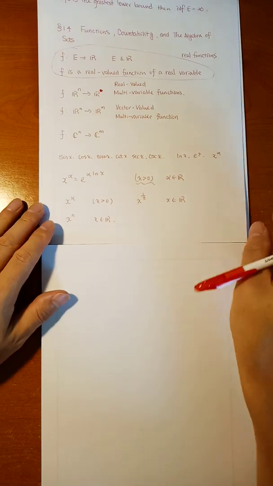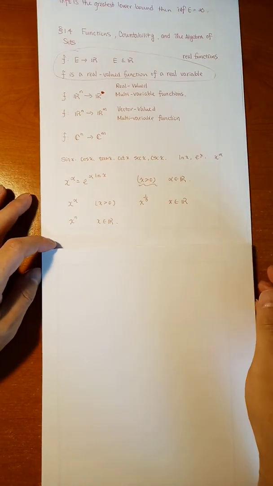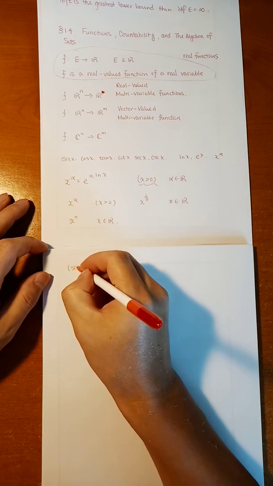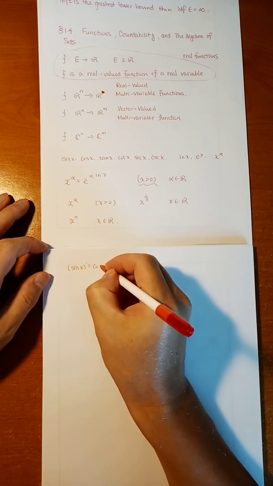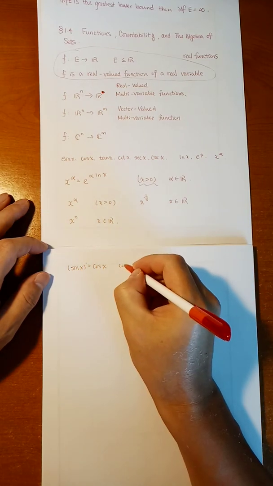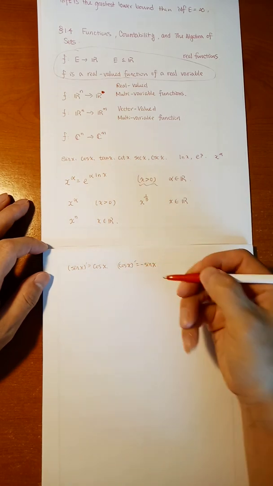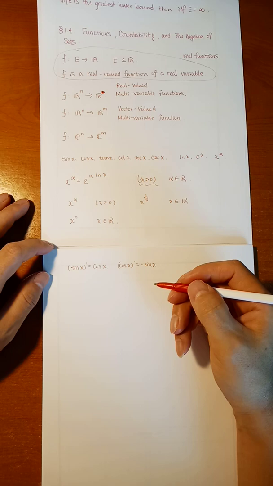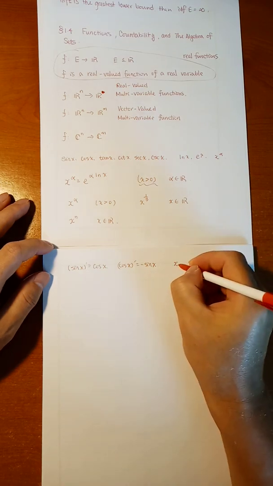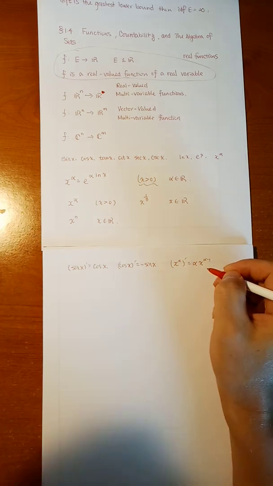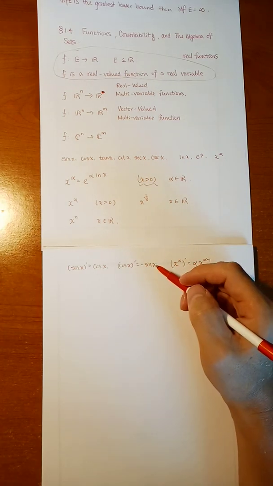And then we will have the same derivatives, right? All the derivative formulas will be the same. We also have that x to alpha has derivative alpha times x to alpha minus 1, from the chain rule.